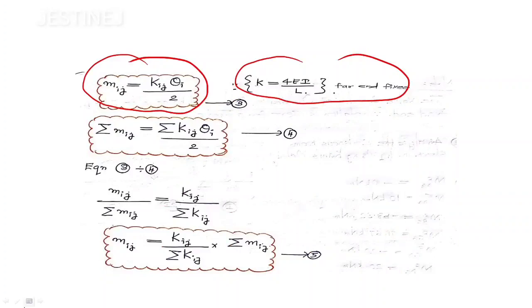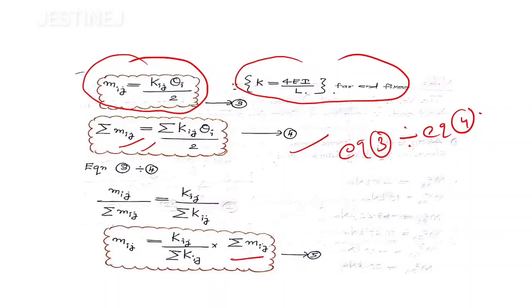So here you can visualize that sigma Mij, the summation of moment, is sigma Kij theta i by 2, that is equation number 3. Taking equations 3 and 4, if you divide them, you can easily observe that Mij equals Kij by sigma Kij multiplied by sigma Mij. So this is equation number 5.